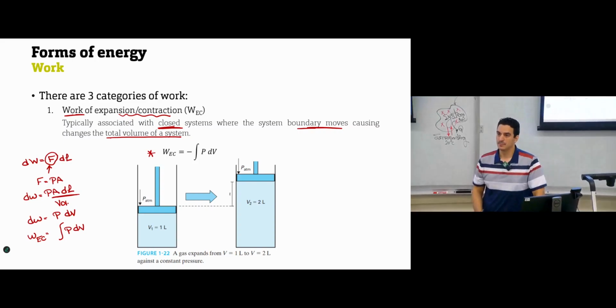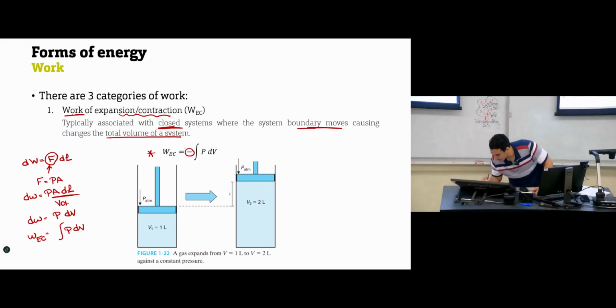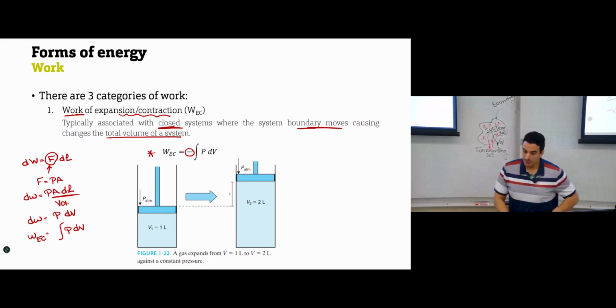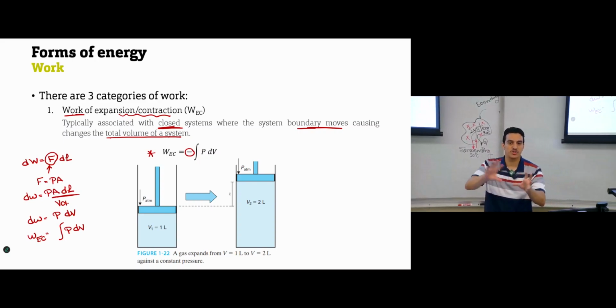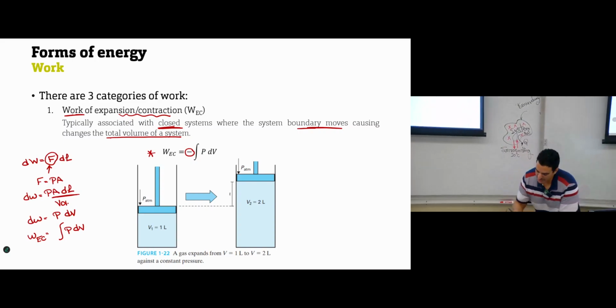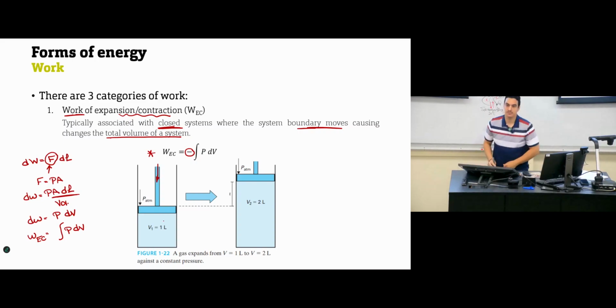Clear? There is only one thing missing, which is the negative sign. Why do we have a negative sign here? Because the relation between pressure and volume is opposite. If I have this piston and I increase the applied pressure, what will happen to the volume of the system? Increase or decrease? Decrease, because I'm making contraction.